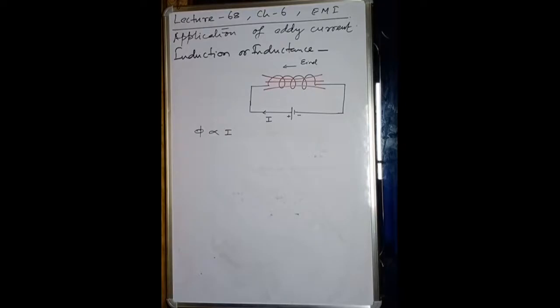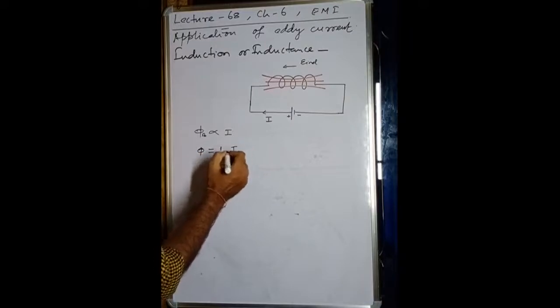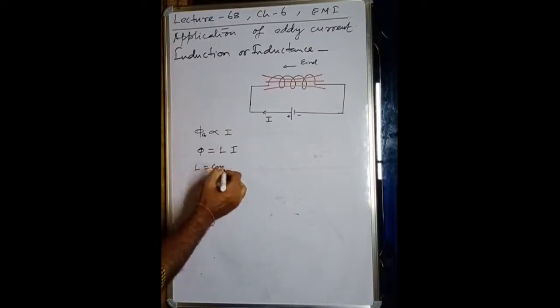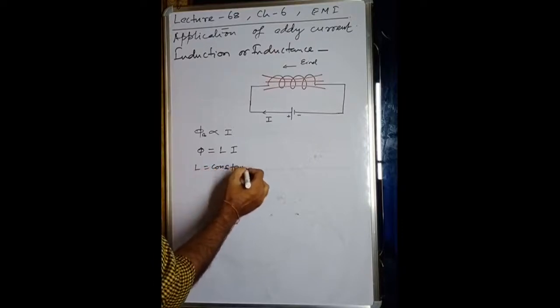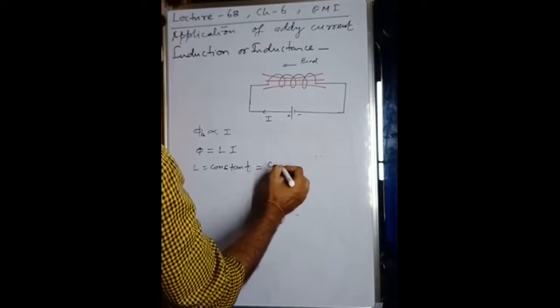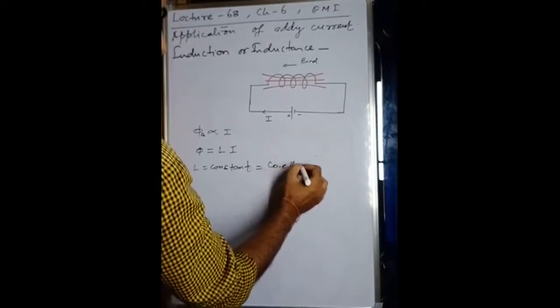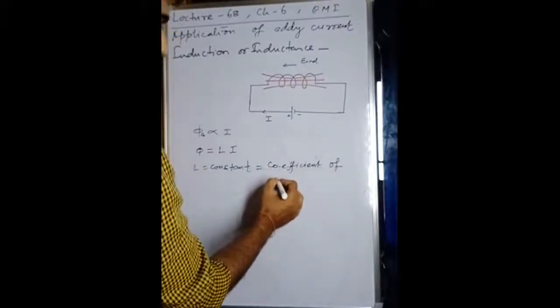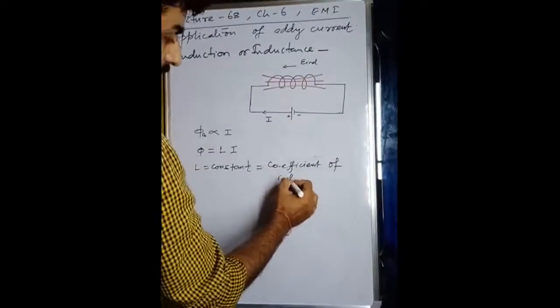Am I right? Yes. And this is the magnetic flux, my dear students. Here the constant of proportionality is termed L, and this L is a constant, which is called the coefficient of inductance.